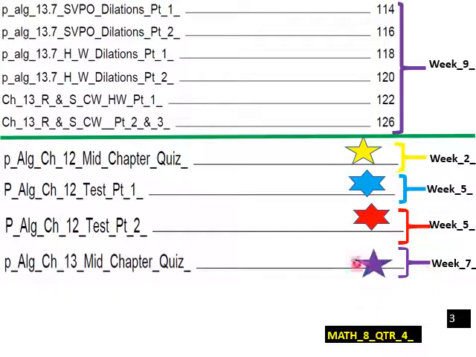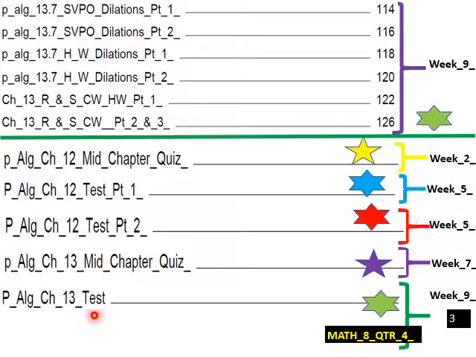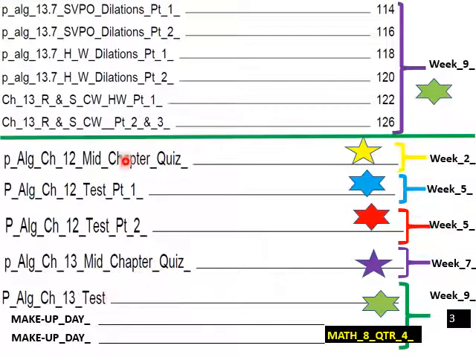And then during week 7, there is a mid-chapter quiz for chapter 13. And then week 9, there is a chapter 13 test.